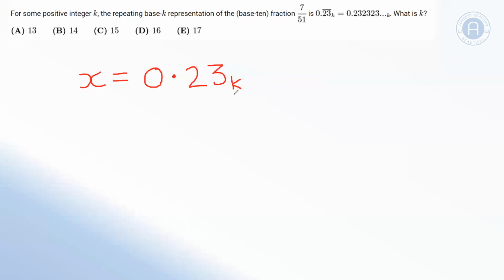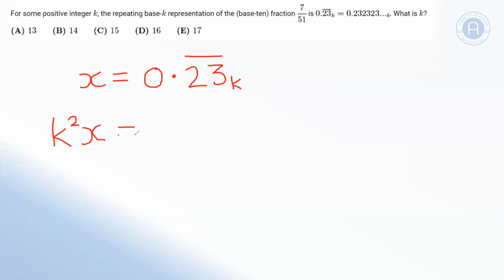Because we're dealing with base k, to move everything forward 1 place value, rather than multiplying by 10, we need to multiply by k. We have 2 repeating terms, 2 and 3, so I need to multiply by k squared to move both of those past our decimal point.